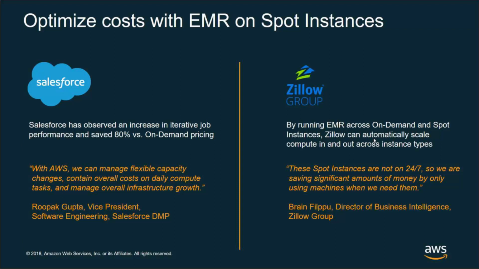Zillow are actually running Spark, Hive, as well as Scoop on EMR using a mix of on-demand and Spot for their ETL analytics and also machine learning workloads. So we have a lot of customers cost optimizing their EMR Spark workloads, and these are just a couple of interesting examples we have on the website as well.